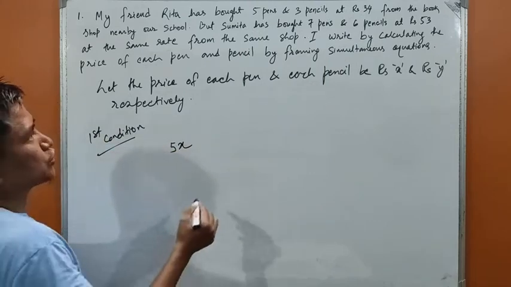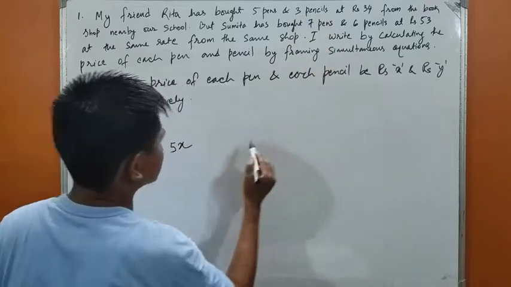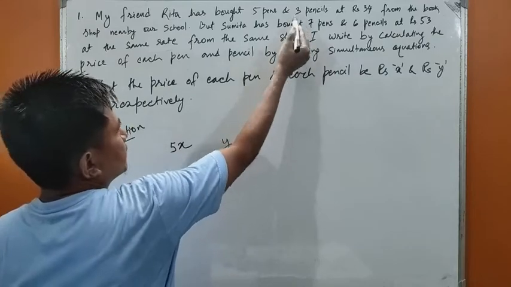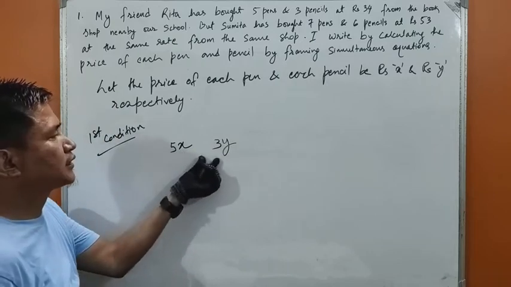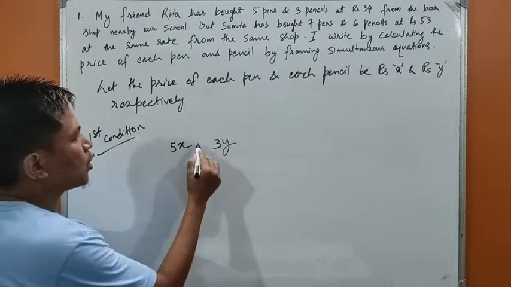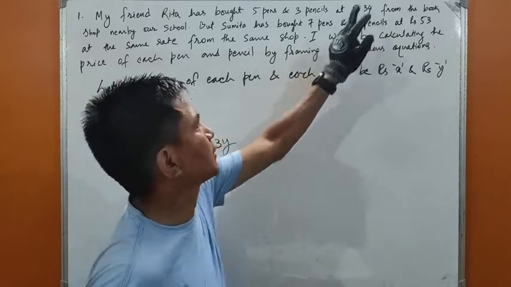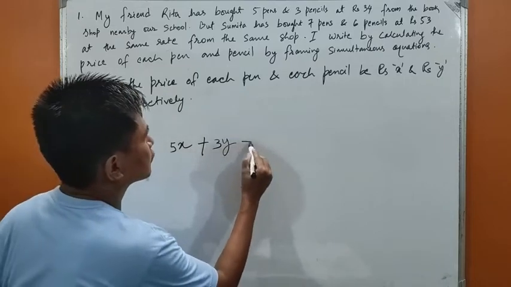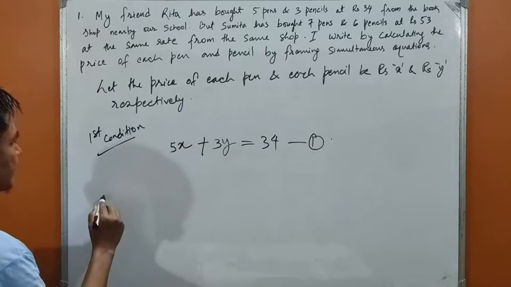The price of each pencil is rupees Y, and the price of 3 pencils will be 3 into Y, 3Y. Added together, the price of 5 pens and the price of 3 pencils equals rupees 34. This is equation 1.